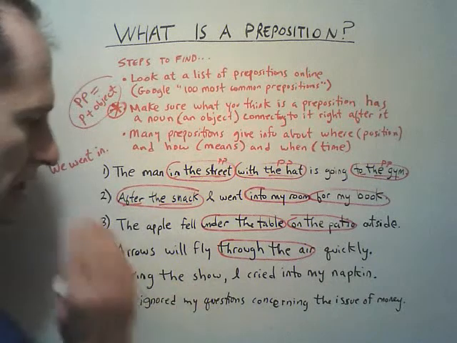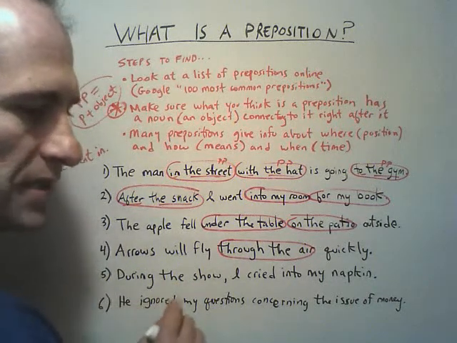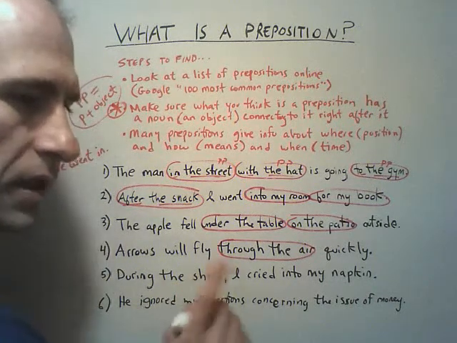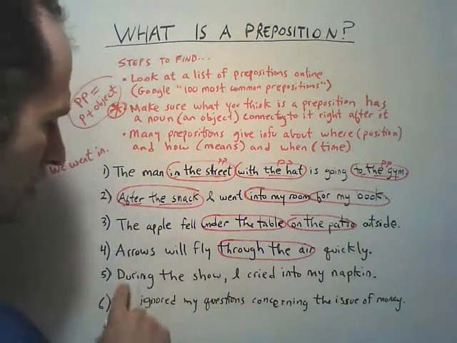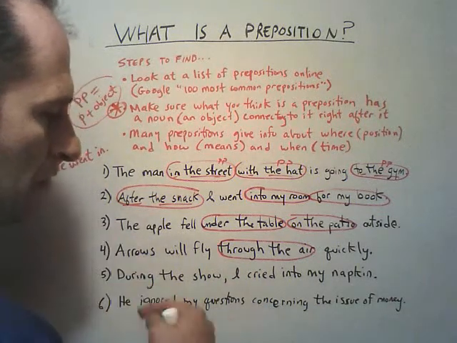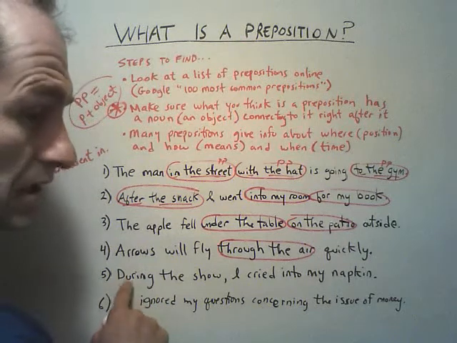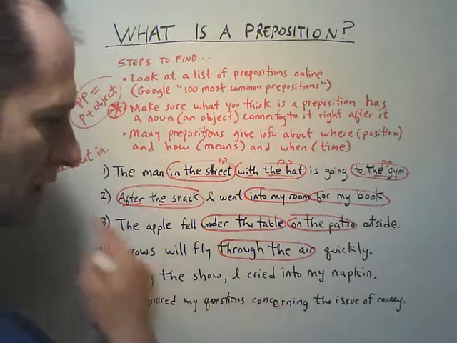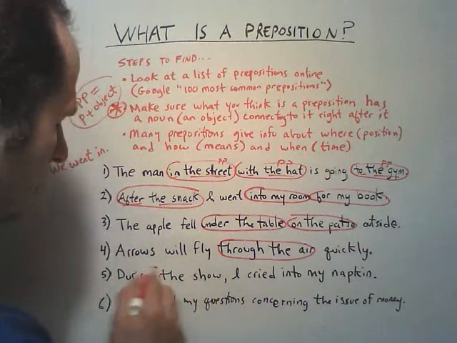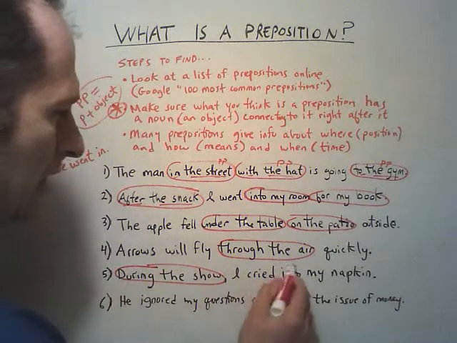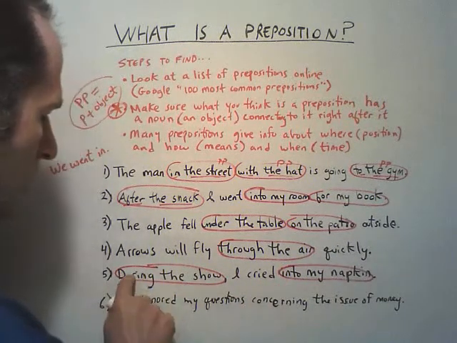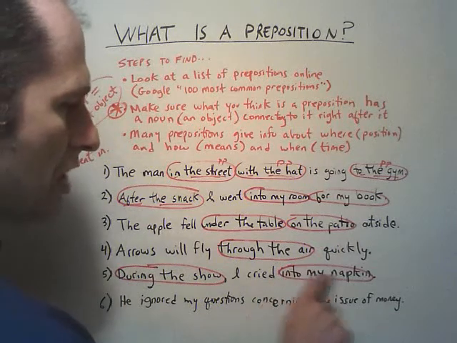Now, there are some prepositions that are going to look like verbs and they're sort of weird, but you should know these words. The words during and concerning are, during especially, always going to be a preposition. Sometimes concerning will be a verb, but here, during the show, I cried into my napkin. Preposition, object of the preposition, preposition, object of the preposition.